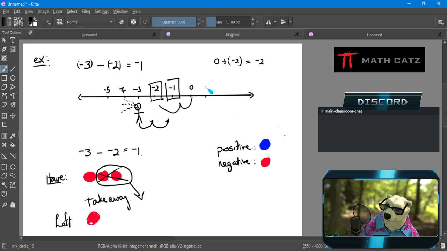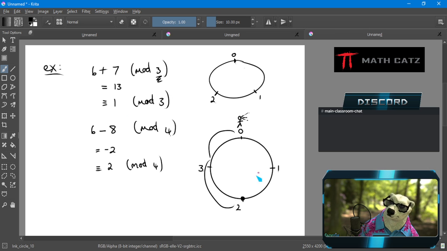Well, it's really over here, right? This section over here just repeats itself over and over and over infinitely many times. It sort of folds in on itself. And my only eventual answers when I'm working on a circle are one of these numbers.